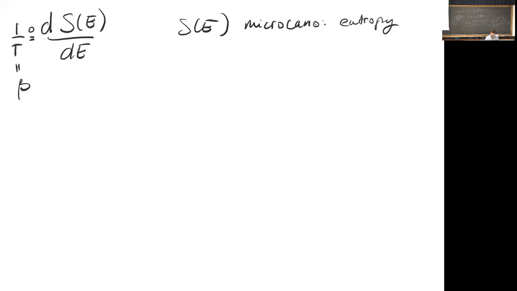So this is what thermodynamics tells us. But can we make the contact again with information theory from that, with what we did today? And the answer is yes. So how do we do that?